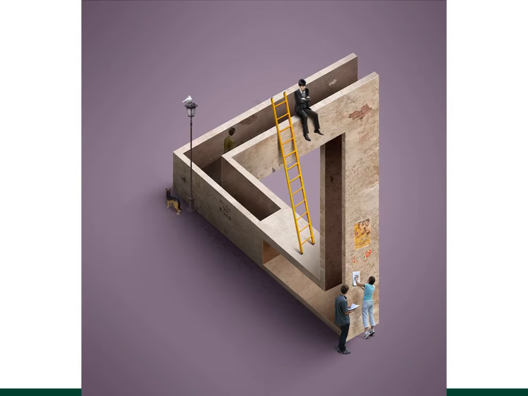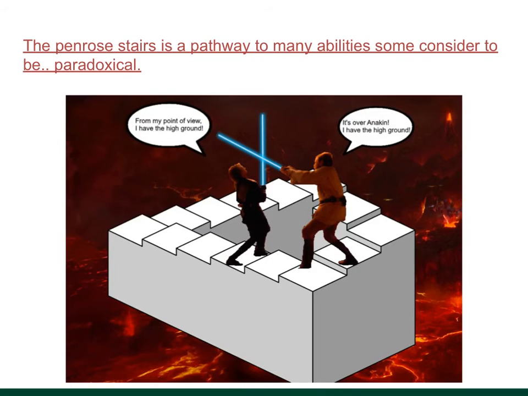Side note, here are a couple more Penrose stairs things that I like to look at. This one's a pretty cool graphical representation. It really started out as the Penrose triangle. But yeah, just an infinite loop, always moving upwards. Really weird optical illusion. And of course, if you're a Star Wars nerd like me, here is probably my favorite meme of all time.